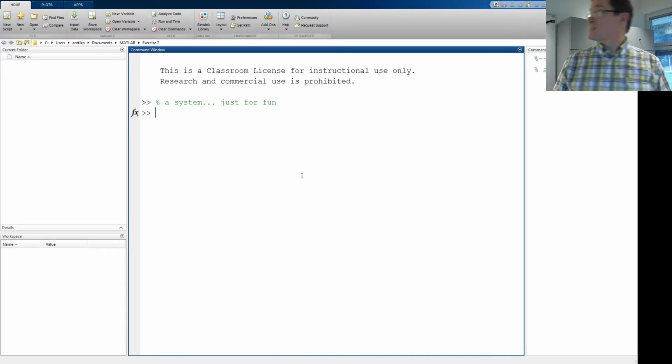And I'll start designing this way. Just put a couple of poles quite close to the unit circle. Maybe that's not right. I will just adjust this a little bit closer.